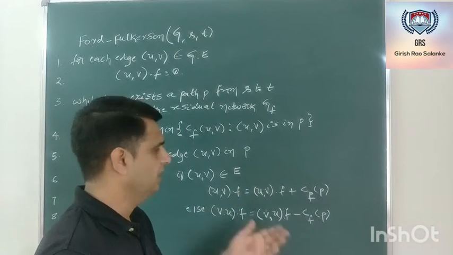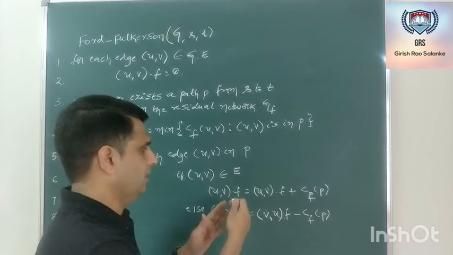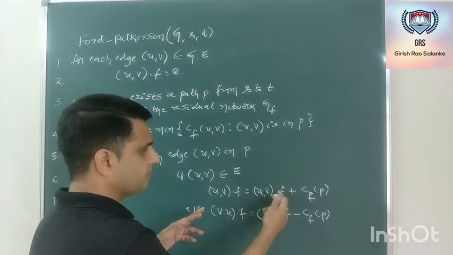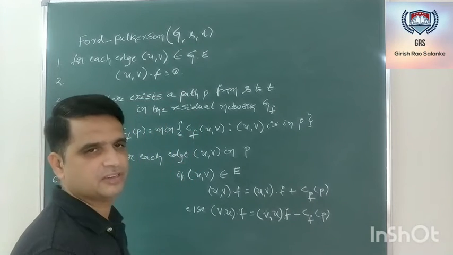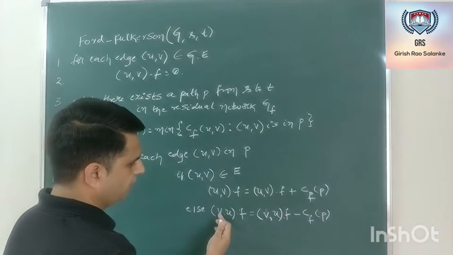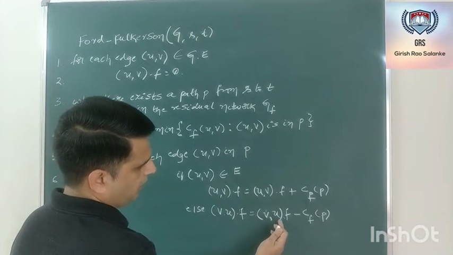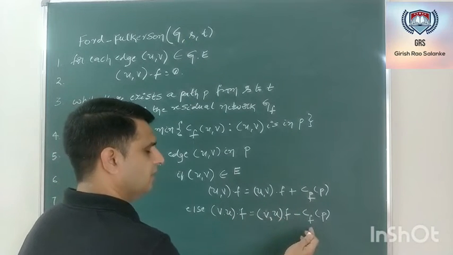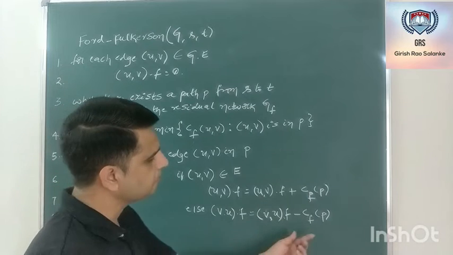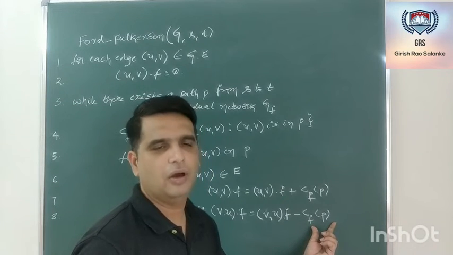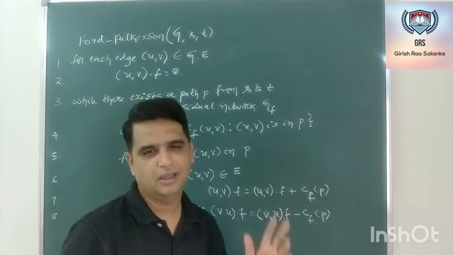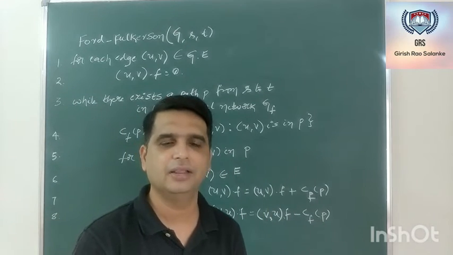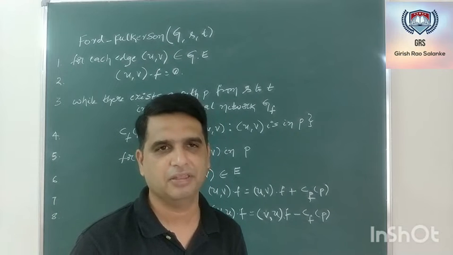If the edge was full, you saw that in the reverse direction, that means the flow on V to U is equal to the flow on V to U minus the residual capacity on the path P. This was explained in the previous video while calculating the residual capacity.